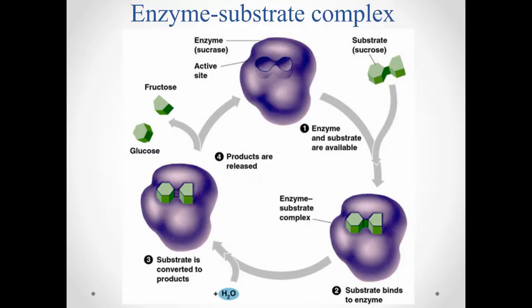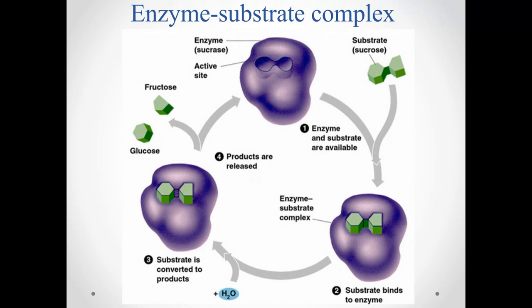Now, as an example, just to see visually how this process works, we have our diagram here. It shows some specifics about how the enzymes bond with the reactants in order to create the products. So we have our enzyme there. It's sucrase, okay, which is going to break down the sugar known as sucrose. Notice that there is an active site, which is where the substrate fits in.